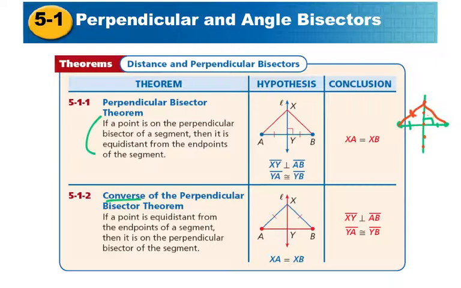It could also be these segments, but the idea is that if you have this perpendicular bisector, any point on that line, wherever it is, if you connect them to the endpoints of that segment, you're going to end up with two of the same lengths. And why does that work? We talked about it earlier. It's because you already know a side and a side from reflexive and an angle.